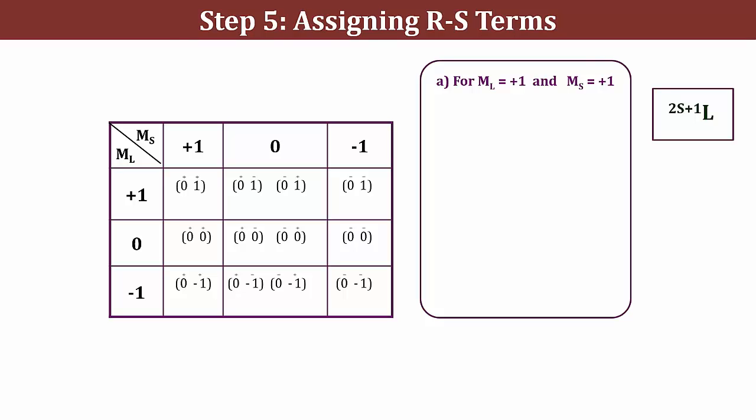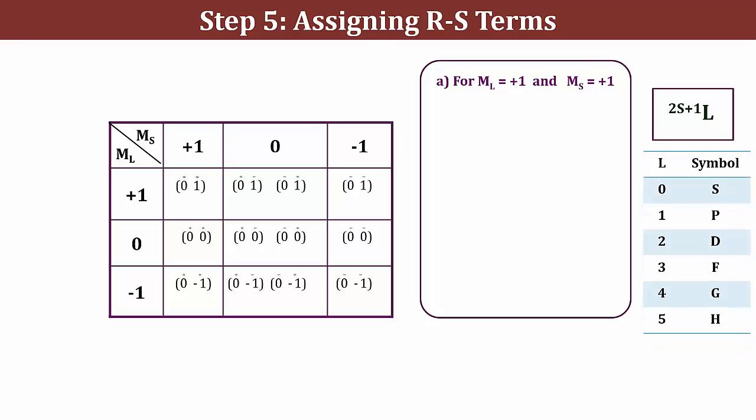We calculate the value of the spin multiplicity and it is written as it is. While in case of L, the symbol is written for each value. When L is 0, the symbol is capital S. For L 1 it is P, for 2 it is D and so on.